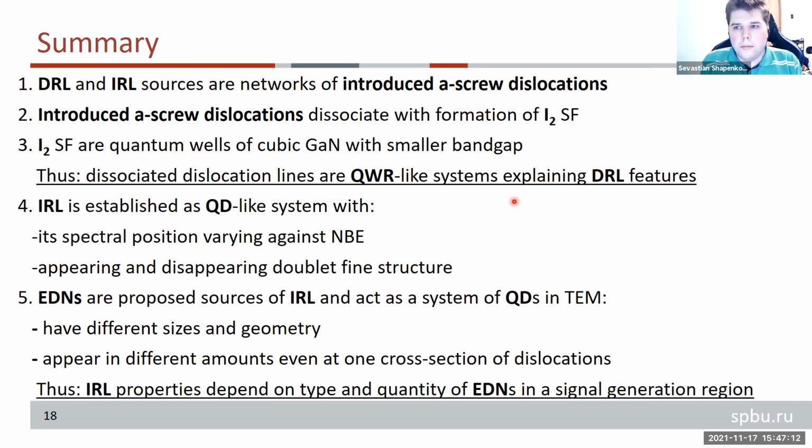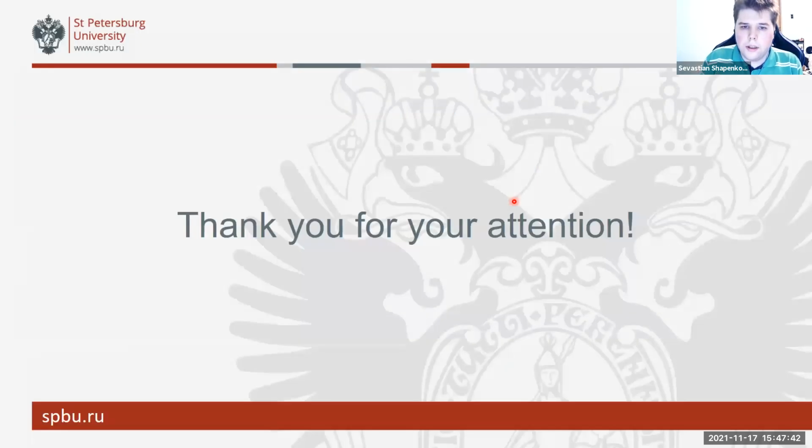Dislocation lines behave like 1D quantum wires and have their properties, also with polarization due to the wurtzite structure being polar. And extended dislocation nodes, previously considered as 2D systems, actually are 0D systems and act like quantum dots in luminescence and also in structure. Thank you for your attention.